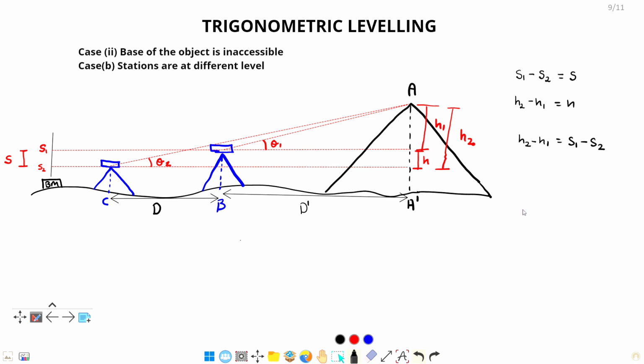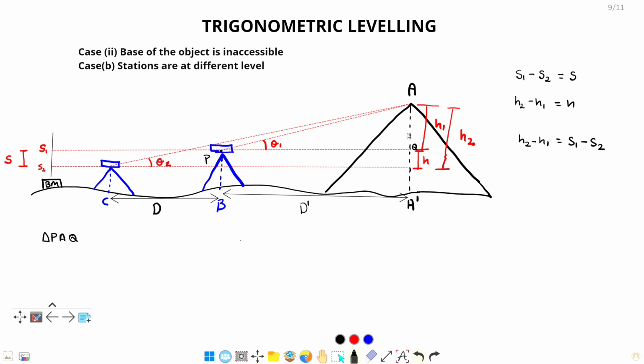Now let's calculate one by one. First, from this triangle, I am naming it again P point, P, A and Q, in triangle PAQ. What will we get?